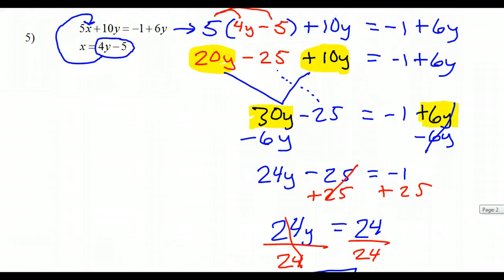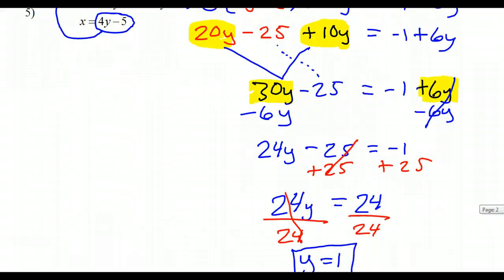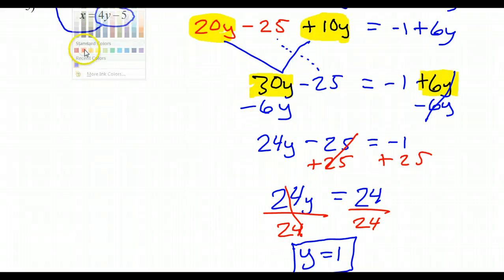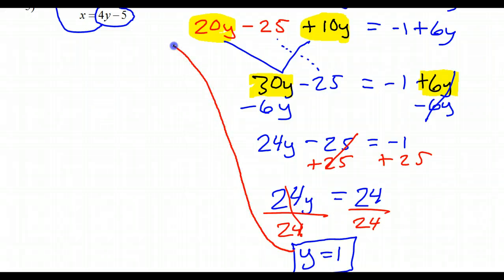So I need to plug that back in. Let's see if I can fit it. I need to find x way back here. So I need to take this y value and substitute it. So I'm going to take this y value and go way over here and plug it in.